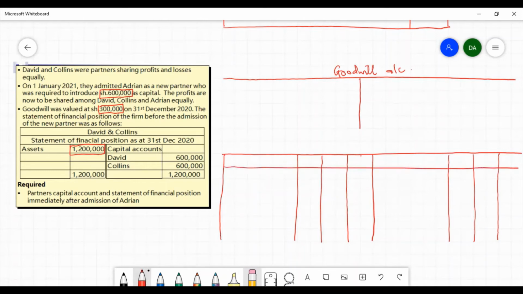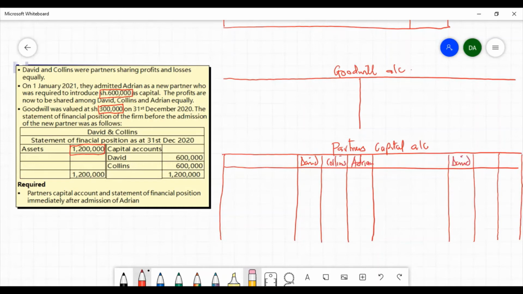This is the partner's capital account with the three partners, as we have. Partner's capital account. We have David, Collins, Adrian.